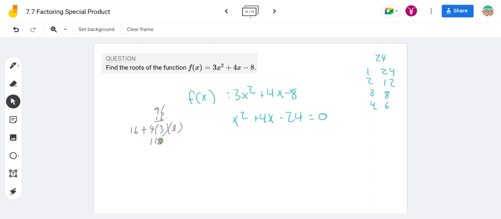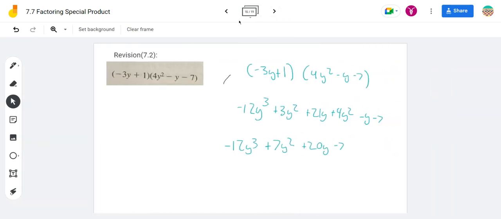This one is not in the syllabus, I guess, so we need to skip this one. This one is in the later section. Sorry for that, this one is not doable at this moment.